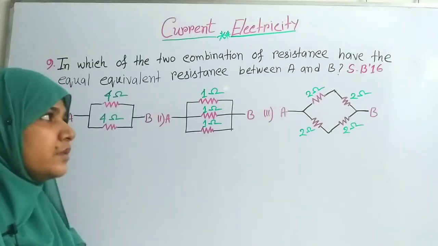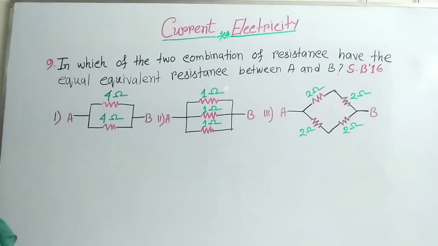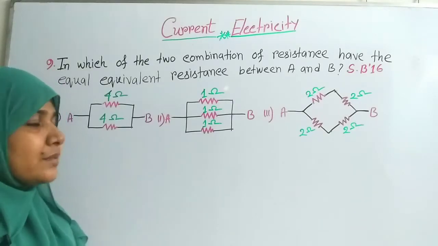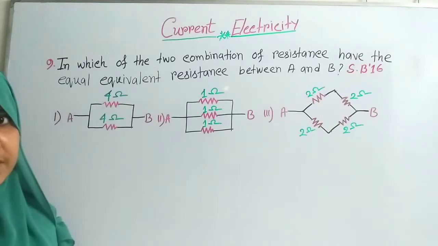Our question 9 is from Select Board 2016. In which of the two combinations of resistance is the equivalent resistance between A and B equal? Here we can see there are 3 circuits and we have to determine the equivalent resistance.